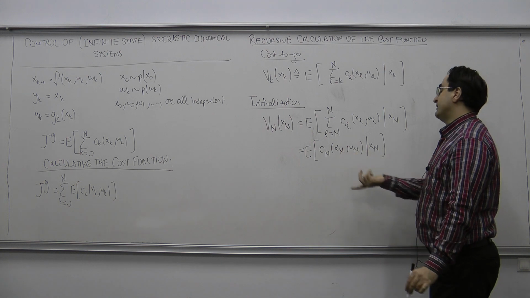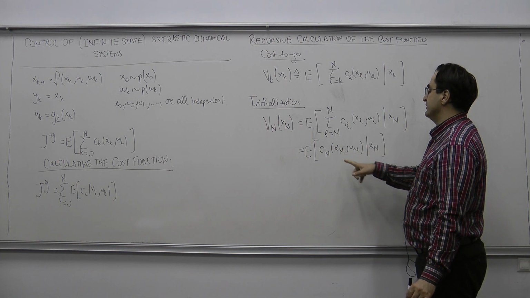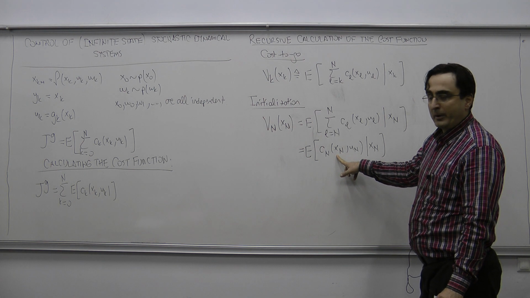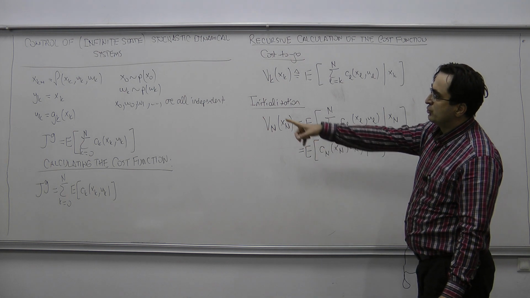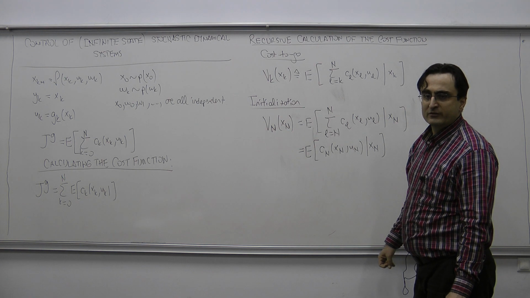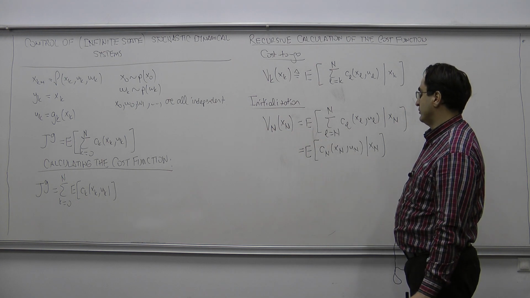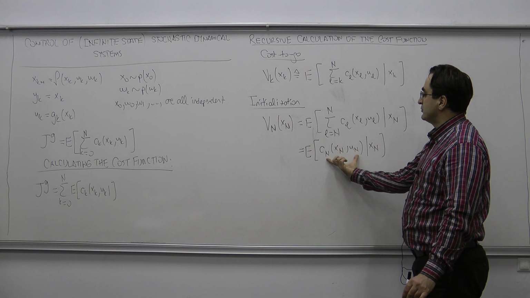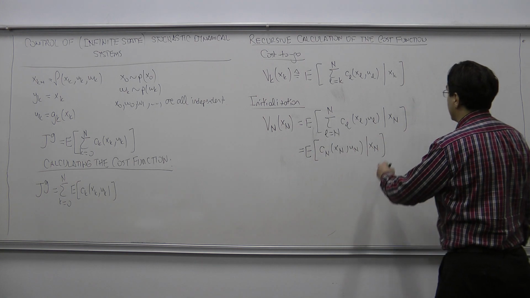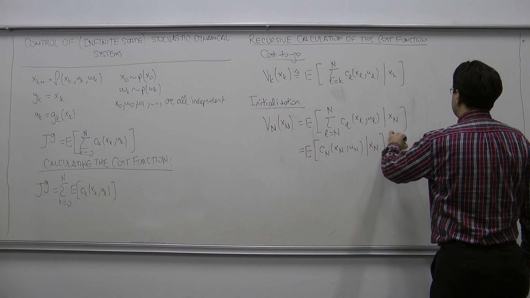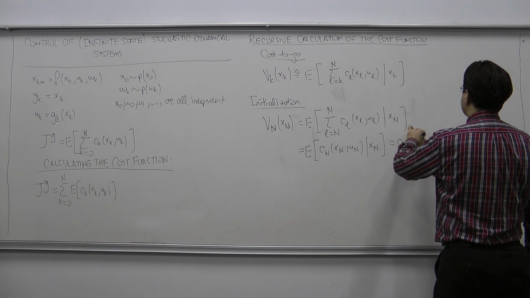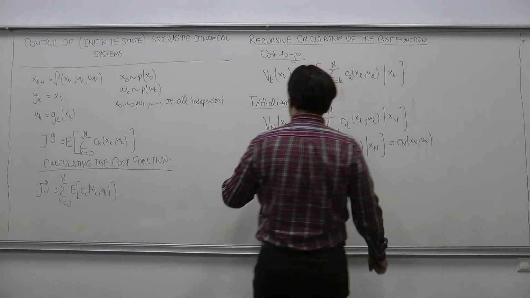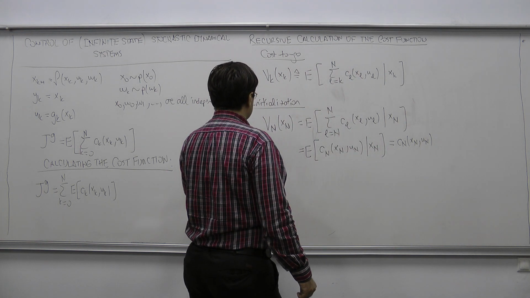So here, when xn is given, then this term is just deterministic for this expected value, and furthermore un is given by our feedback policy, Markov policy, is also deterministic. So that means that there is no need for this expected value, and this deterministic quantity can get outside directly. So this is equal to Cn xn un. Okay? So that is the initialization of our recursion.